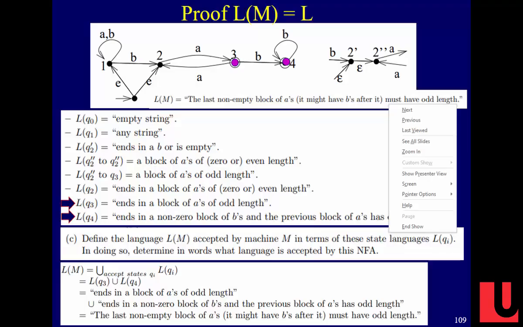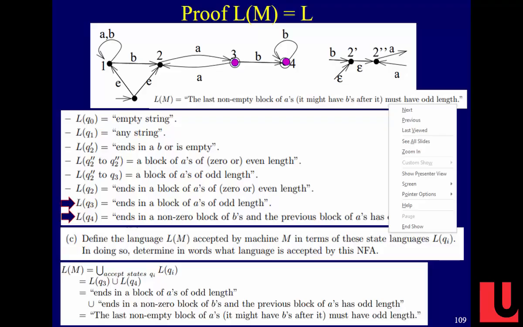They continue the same letter. Here, the last block is the B's. This is the last block of A's, and it has odd length. What about here? The last block of A's has odd length. That's what we're accepting. Everybody buy that?